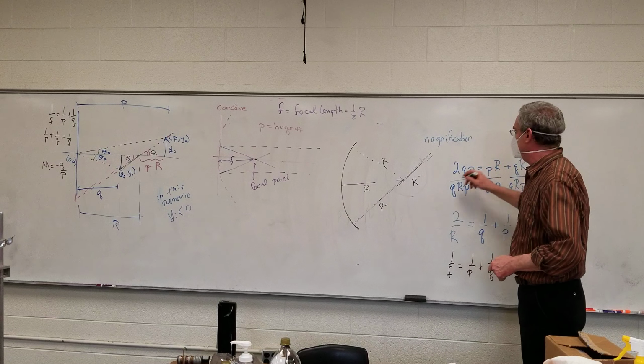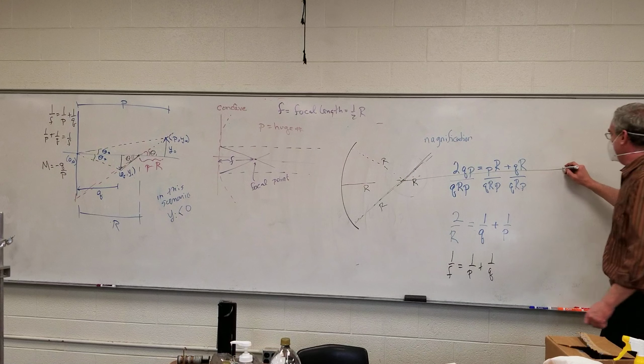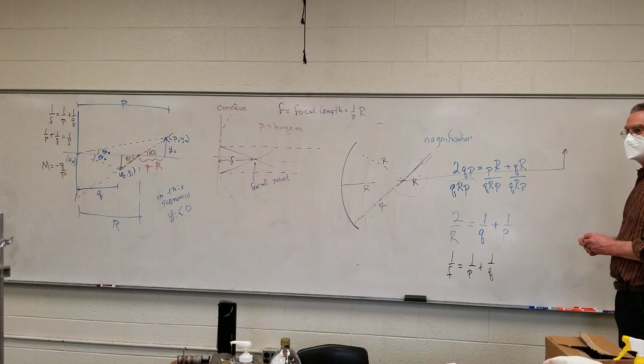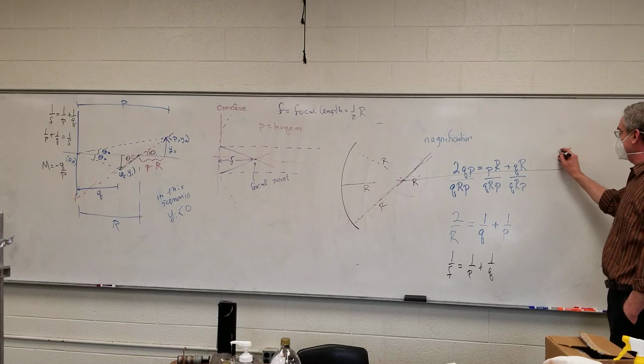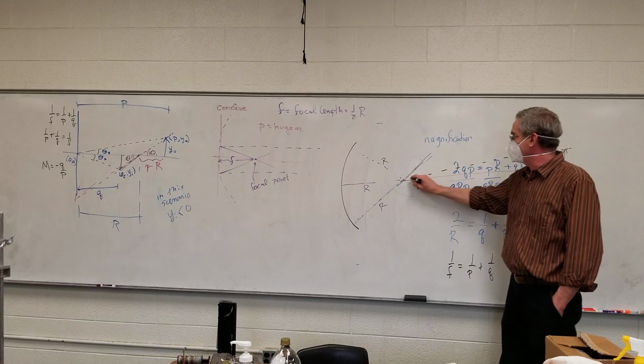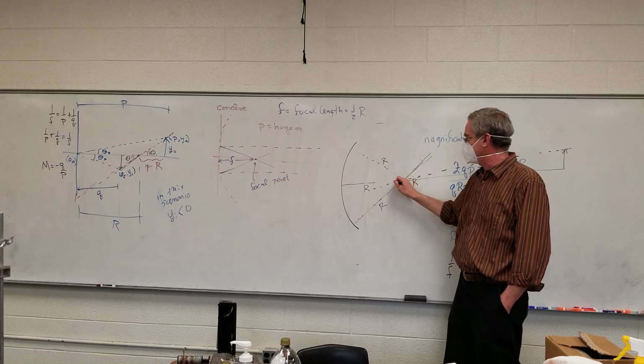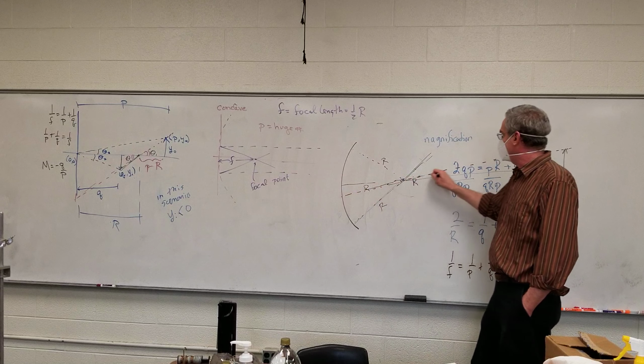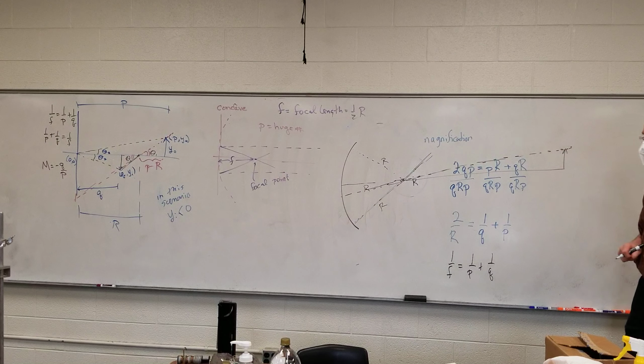So if I have an object that's over here, any light that passes across that head and then goes through that center point is going to bounce back along the exact same line.